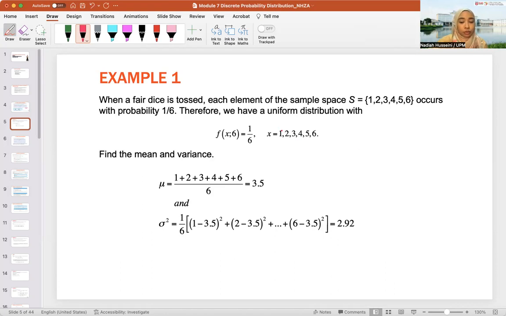For example, you roll a dice, you get 2, it has a probability of 1/6. You roll a dice again, you get 5. That one has the probability of 1/6. All of them have the same probability because they are independent of each other. Getting one outcome does not affect the other outcome.